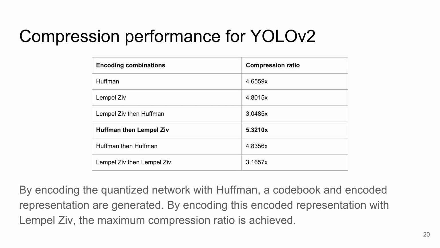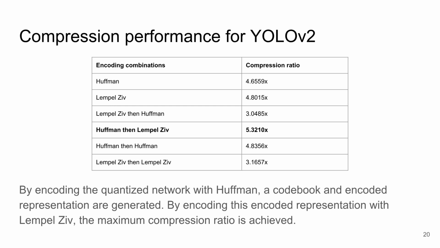So here we have just a couple of the different patterns in which we implemented the algorithms. We just did a simple Huffman, which got us around 4.7 times compression, and a Lempel-Ziv, which got us around 4.8. When we did the Lempel-Ziv and then the Huffman, we were only about 3 times, but the Huffman and then the Lempel-Ziv got 5 times the ratio, and that's essentially what we wanted to go for.